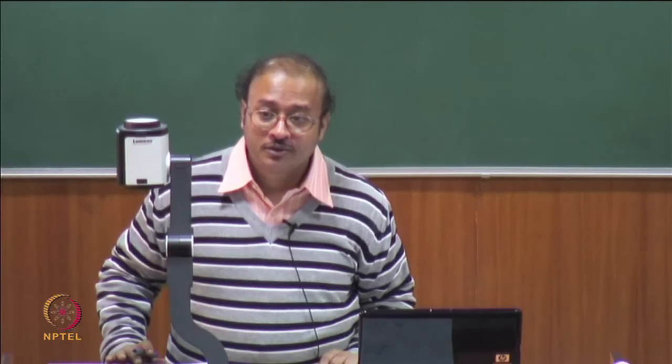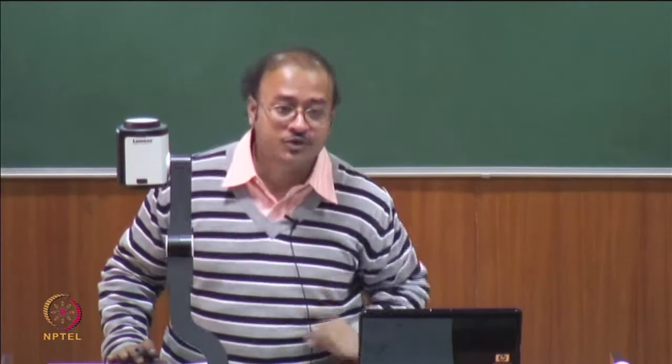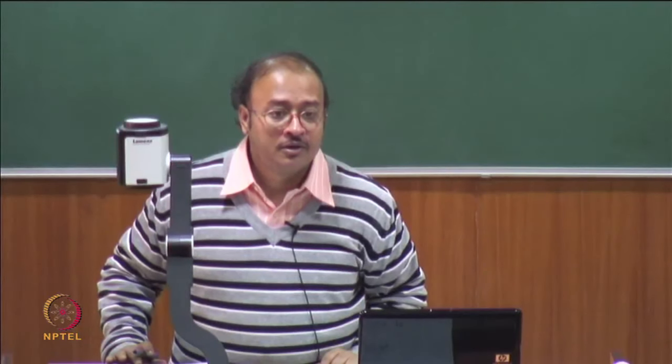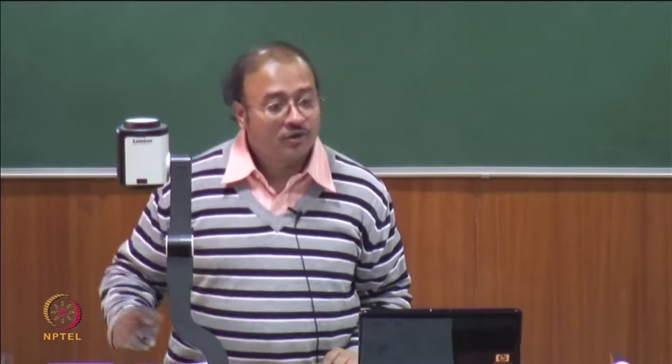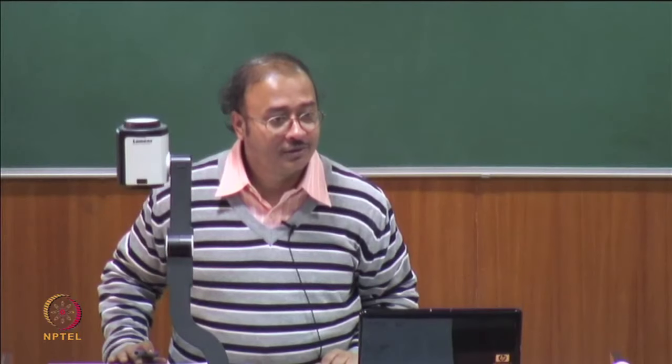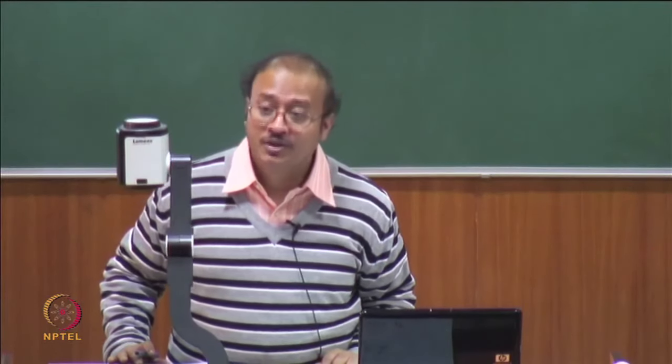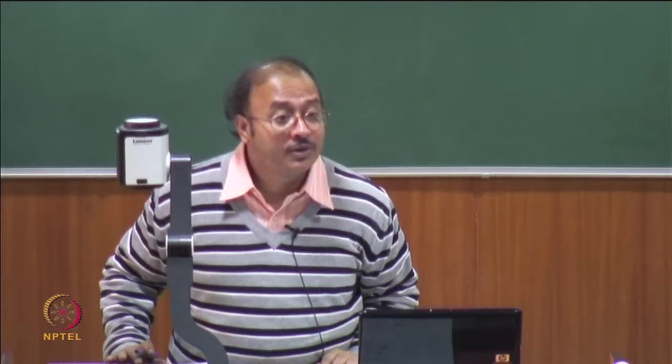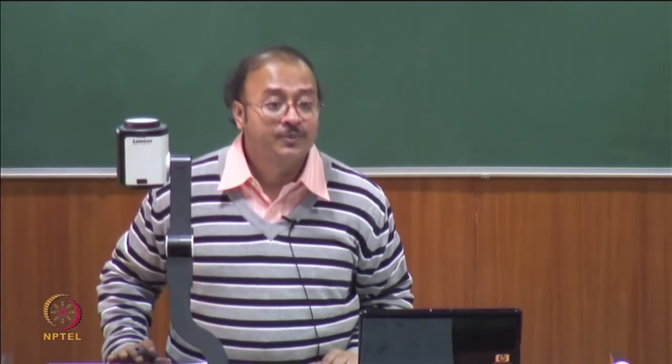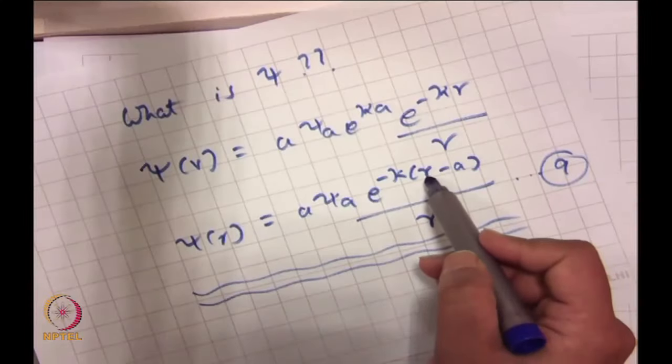That is the potential I am talking about, not the force. Here you also have r in the denominator, but is it the only thing you have? You also have another dependence. It is the dependence upon r minus a.